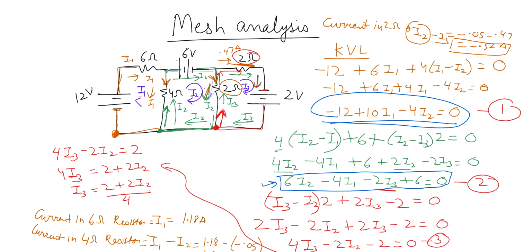I2 is going downward. But this negative represents that my assumption is wrong. It is actually flowing in opposite direction. So it is flowing in this direction. So plus 0.52, the direction will be this way. That means I3 comes first. So I3 minus I2, then it will be plus 0.52, right? So this is how you solve the circuit using mesh analysis. Thank you.